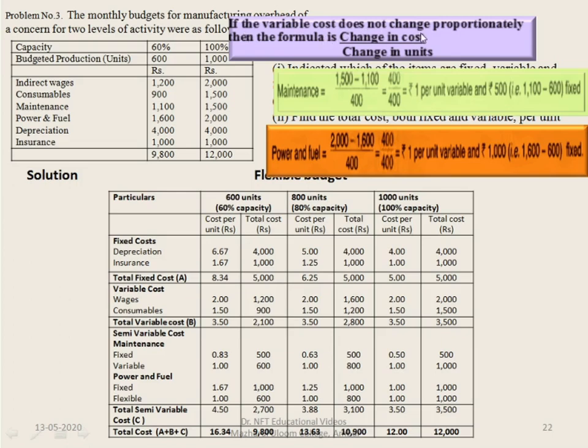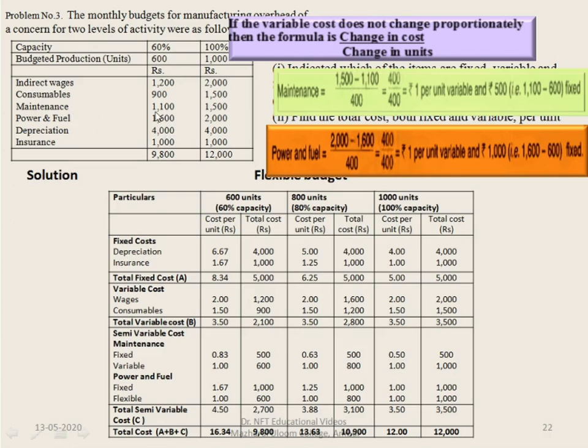If the cost does not change proportionately, then the formula is change in cost divided by change in units. Here it has changed, but in case of maintenance and power, it has not changed proportionately. What is the change in cost?